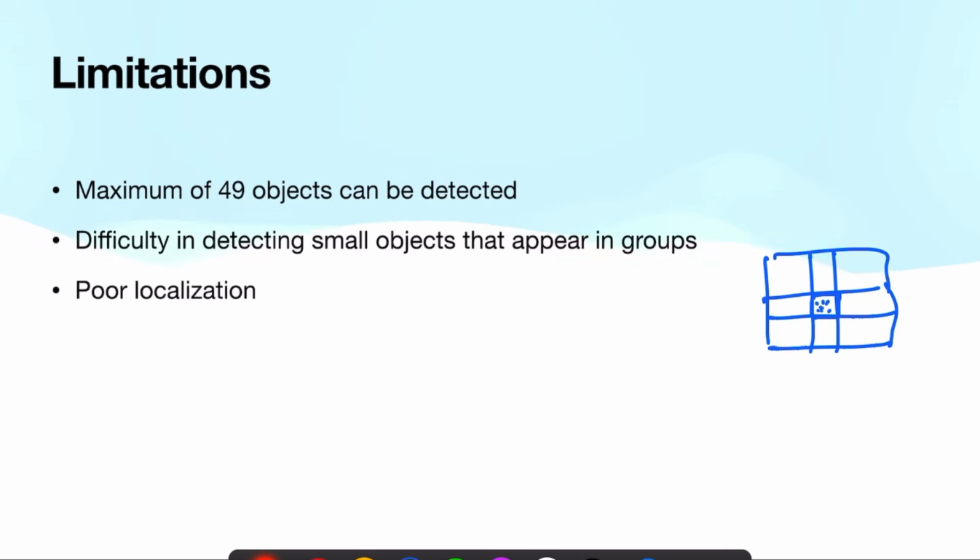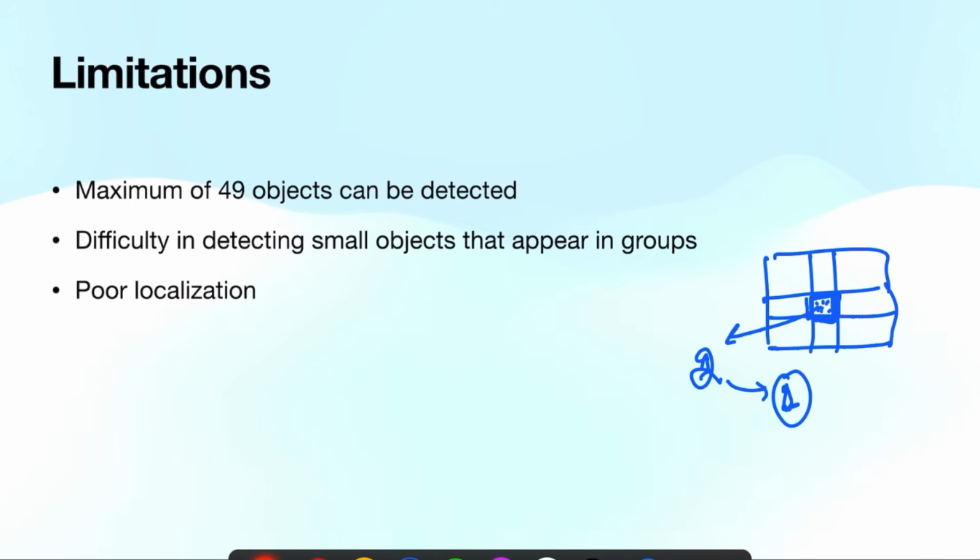Because of this limitation, out of these 5 or 6 boxes, actually only 2 boxes we are predicting, and out of that we are taking the one box with the highest confidence score, right? So even though we have object centers available in this grid cell for 5 or 6 objects, we can only predict one from that. That is one limitation.